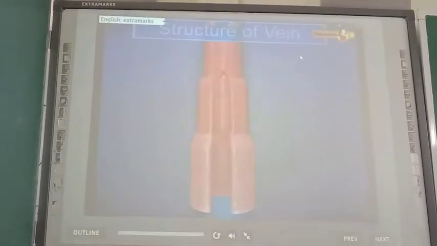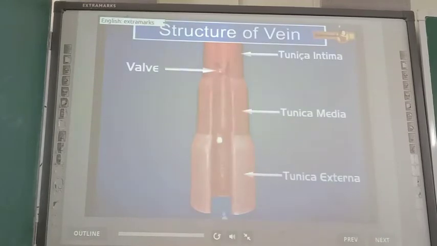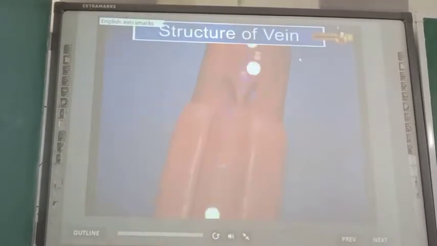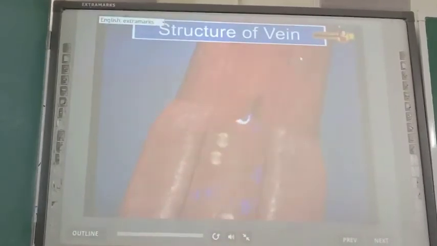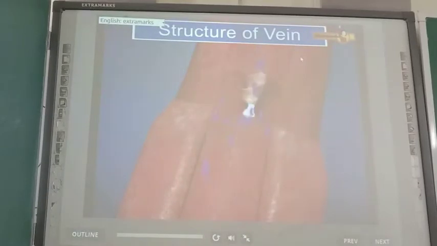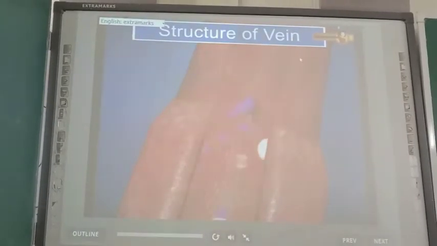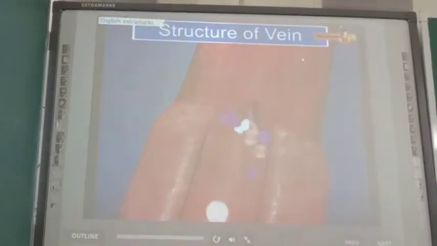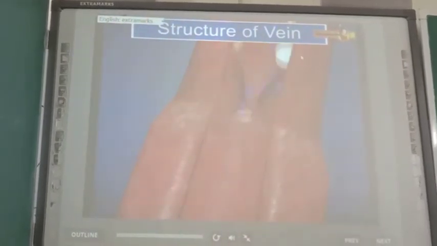Veins carry deoxygenated blood towards the heart. As the blood flow is not under pressure in a vein, they have valves present to prevent backflow of blood. In the normal course of circulation, the blood from the heart flows through an artery to reach the capillary bed. From there, through the vein, it returns to the heart.